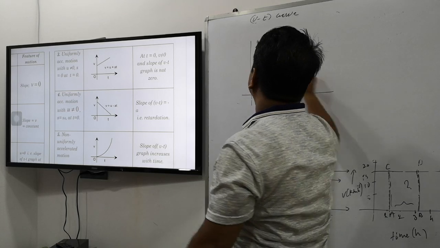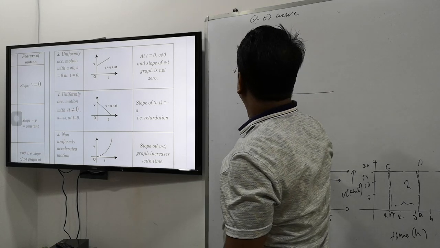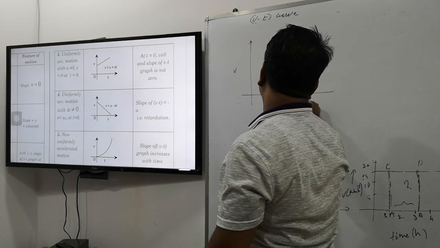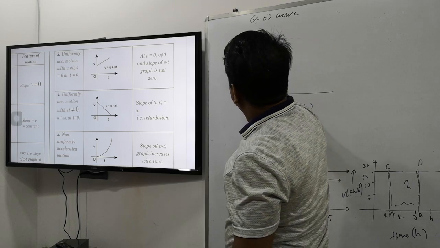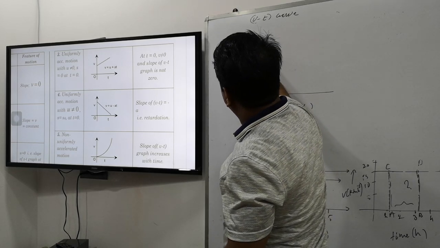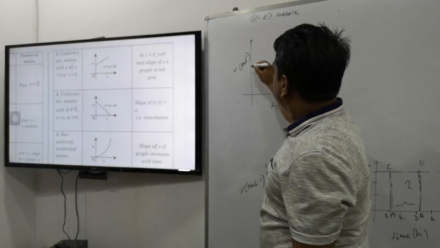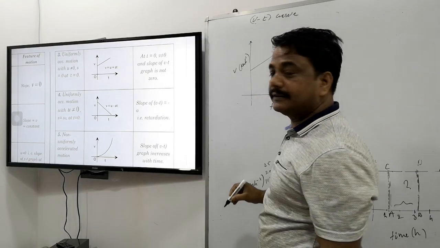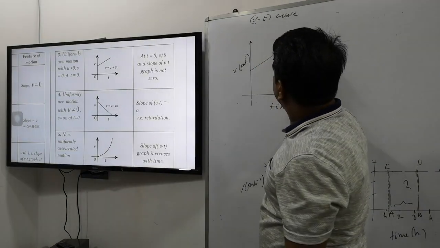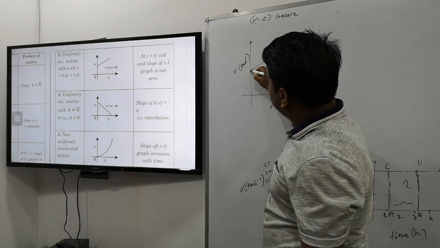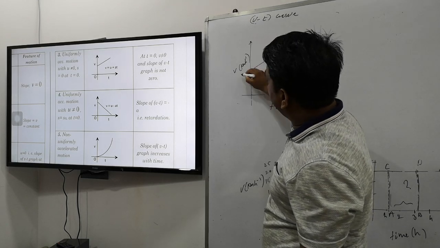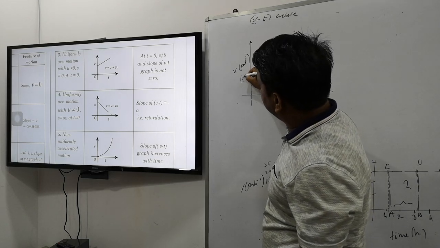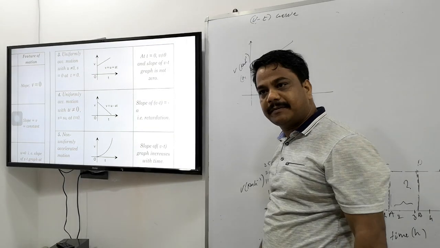This is velocity and this is time in hours, and this is kilometer per hour. Here on the time axis, the velocity will be some value, represented by u.